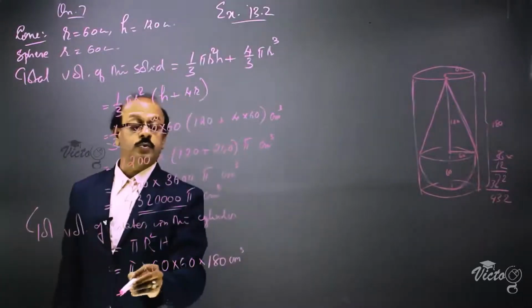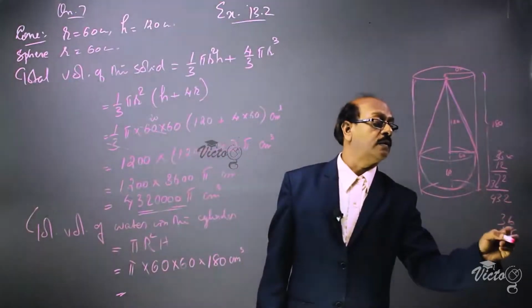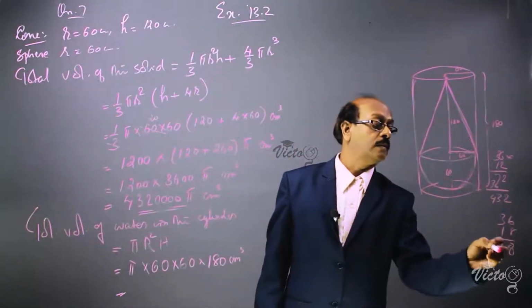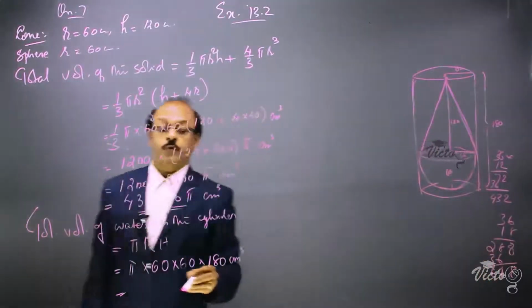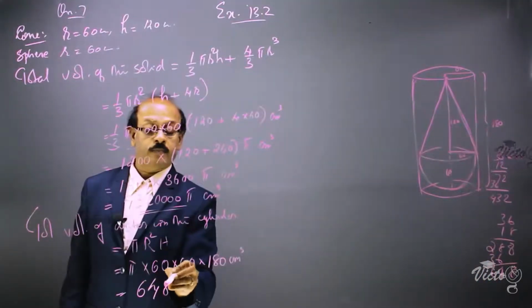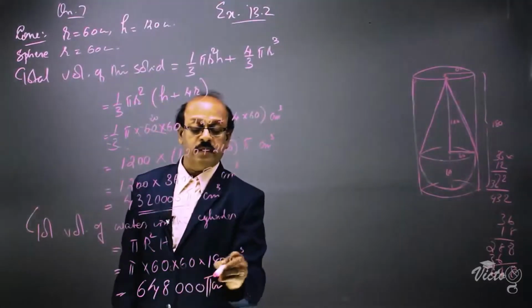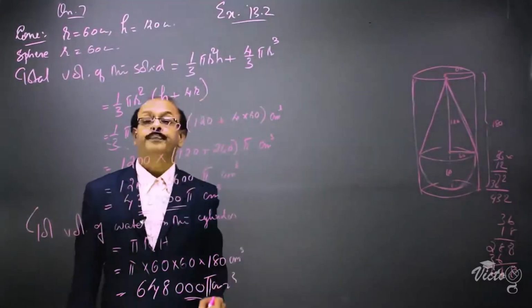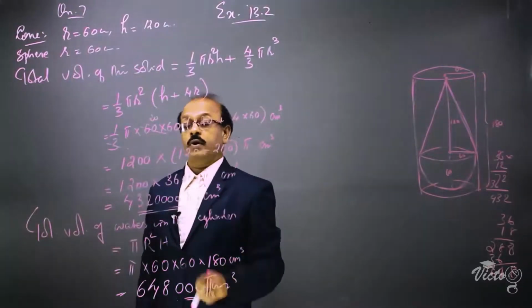This is equal to 36 into 18, 648, with 3 zeros, pi centimeter cube. Now this much of volume is overflowing.